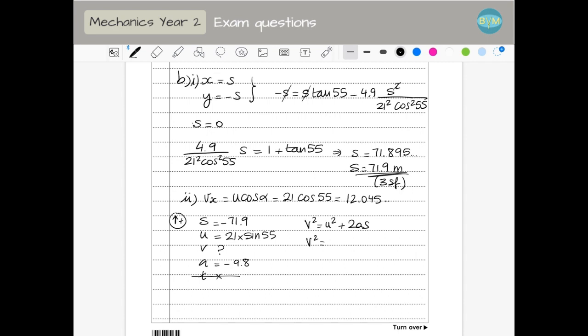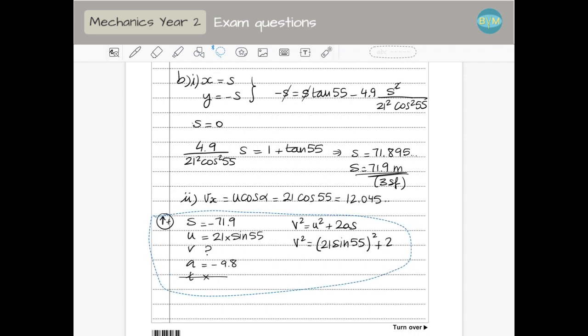u squared is 21 sine 55 squared. This minus with this minus becomes plus, so plus 2 times 71.9 times 9.8, and I get two values of v.